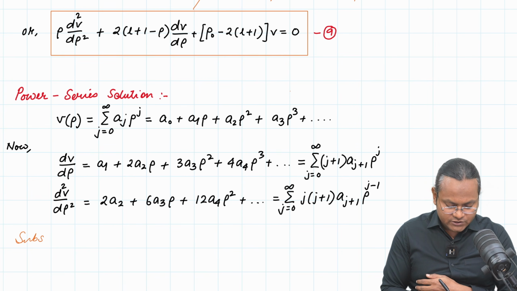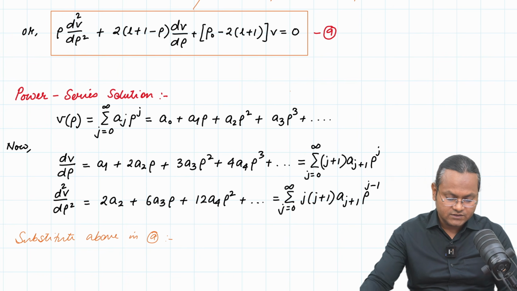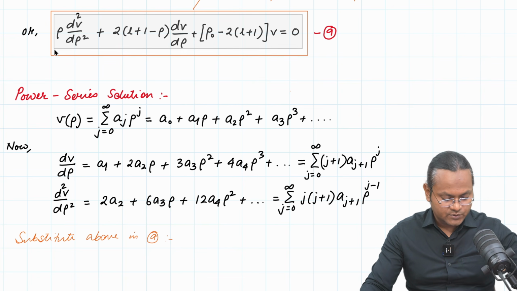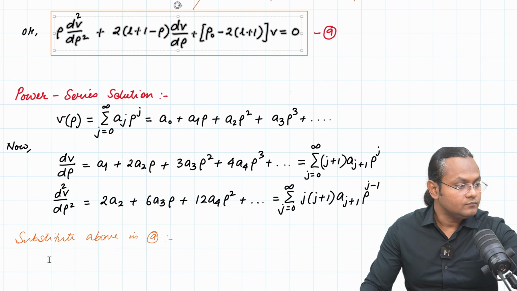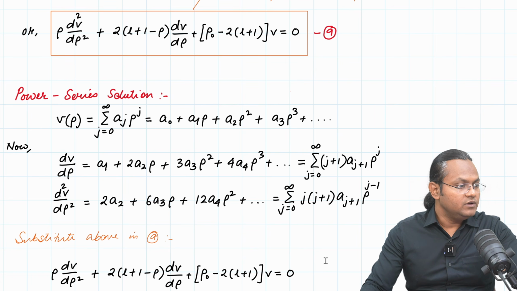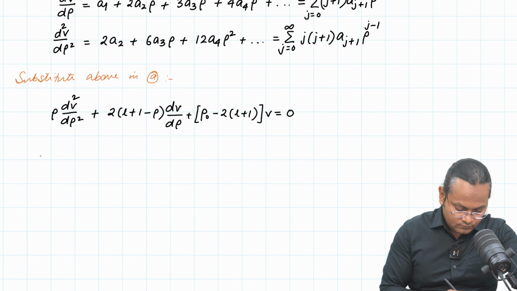So if you substitute the above in equation number 9, then the power series solution gives us basically this particular expression, right? This is the expression we have: rho d2v upon d rho square, and the rest of the terms are okay. So I'll just plug the power series solution here.